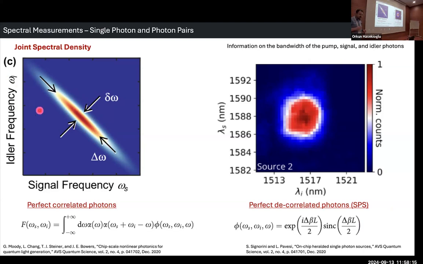If we see this kind of behavior, for example a diagonal shape, you can easily say that these are perfectly correlated photons, which you cannot use as a single photon source. You need to change this behavior.